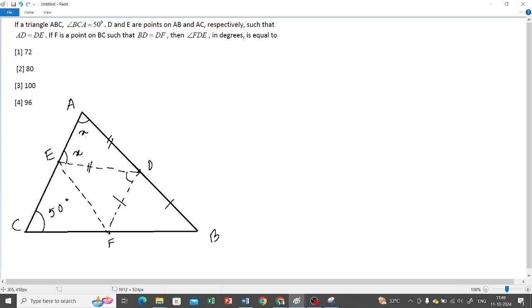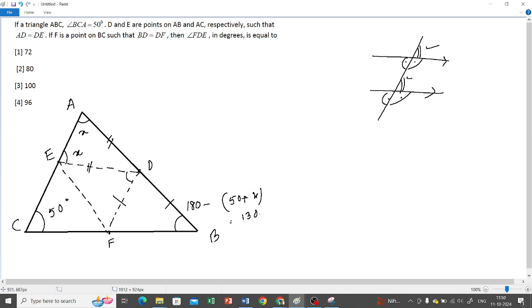স্যার, এখন করেসপন্ডিং হবে DBF আর ECF না? করেসপন্ডিং কাকে বলে? করেসপন্ডিং অ্যাঙ্গেল তুমি জানো? দুটো প্যারালাল লাইন্স এন্ড দিস ইজ ট্রান্সভার্সাল, এটার সাথে এটা করেসপন্ডিং। জাস্ট পজিশনে কে বসে আছে সেটার সাথে করেসপন্ডিং হয়, সেটা প্যারালাল লাইন্স এর ক্ষেত্রে, এখানে তো নেই। Now if this is x and this is 50, this is going to be 180 minus 50 plus x, 130 plus x.